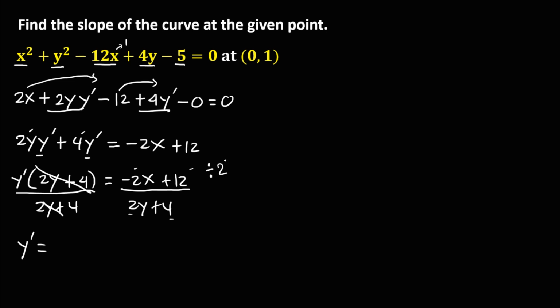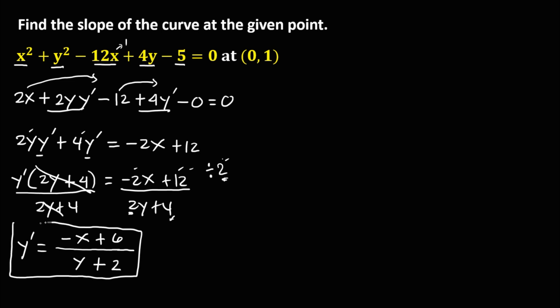Negative 2 divided by 2 is negative 1, so this becomes negative x, plus 12 divided by 2, that's 6. For the denominator, 2 divided by 2 is 1, so we have y, plus 4 divided by 2, that's 2. So this is now the first derivative.